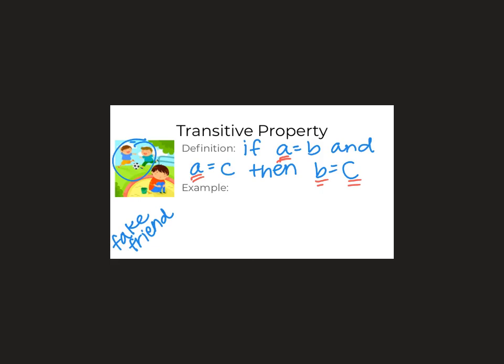So if I say that 4 plus 3 equals 7, and 7 equals the square root of 49, then 4 plus 3 equals the square root of 49.